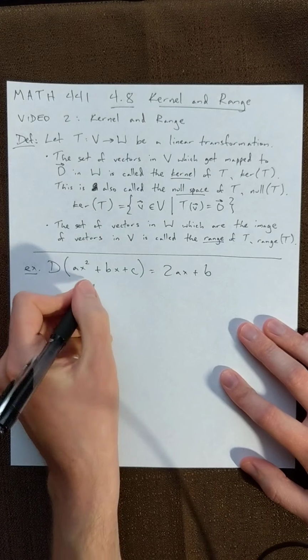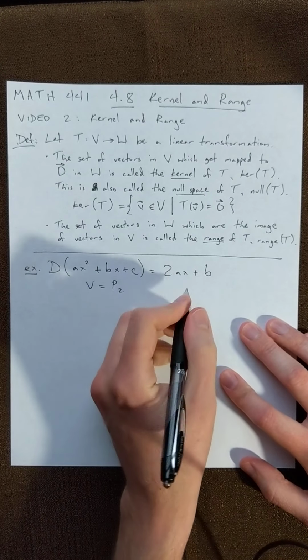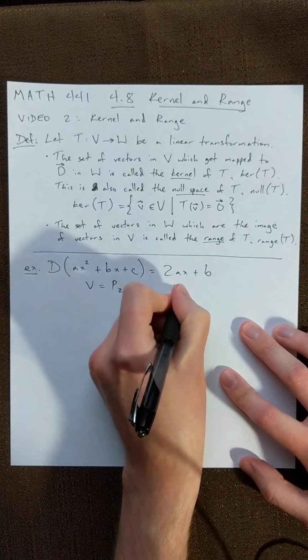Our vector space V is polynomials of degree 2 or less. Our vector space W is polynomials of degree 1 or less. So let's think about what the zero vector looks like in W. It looks like 0x plus 0, or the zero function.